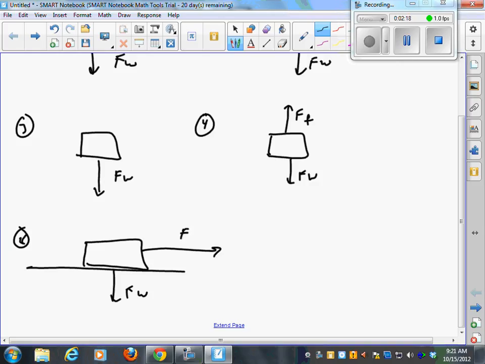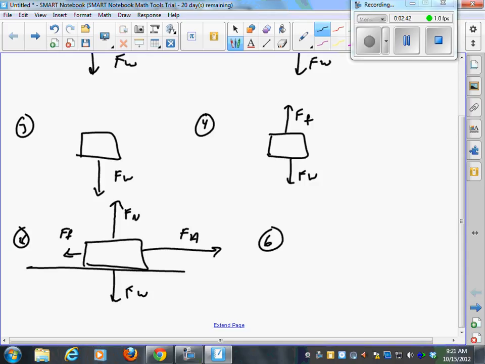We have an applied force to the right, and a small amount of friction to the left. Is that it? Bradley's shaking his head. No, there's another one, Bradley? There's the one on top, the normal force. Very good. And so the net force is to the right. Correct? Good.